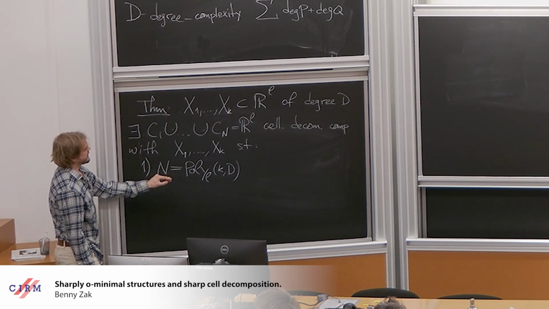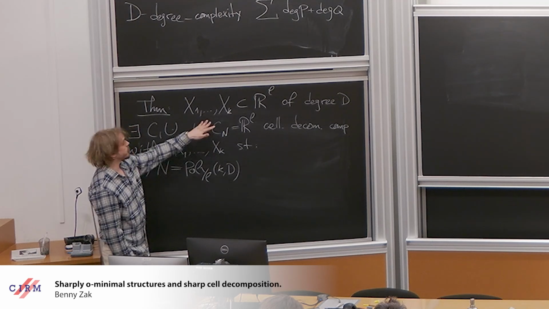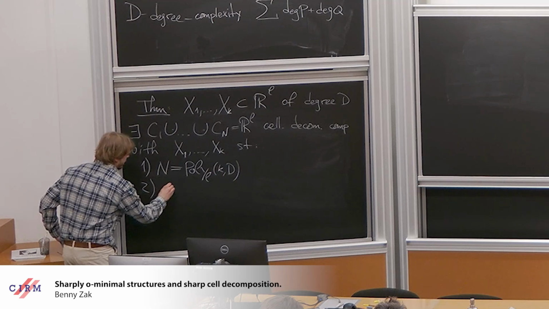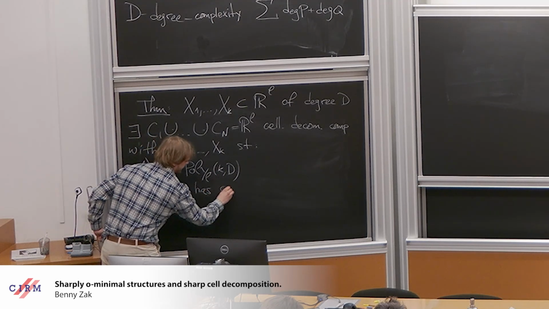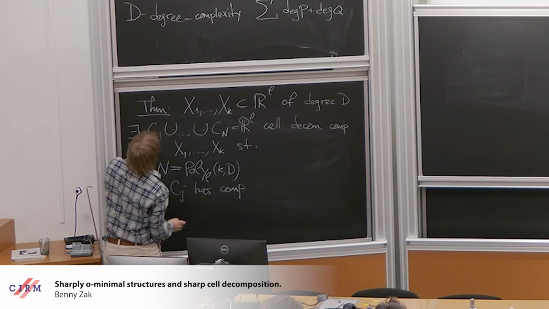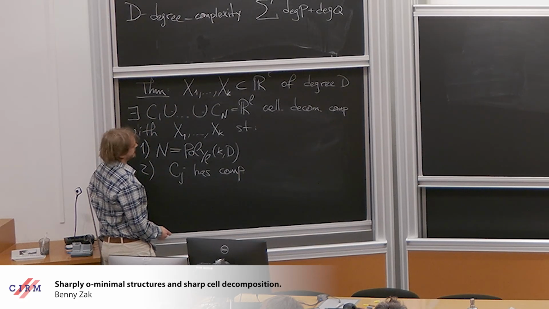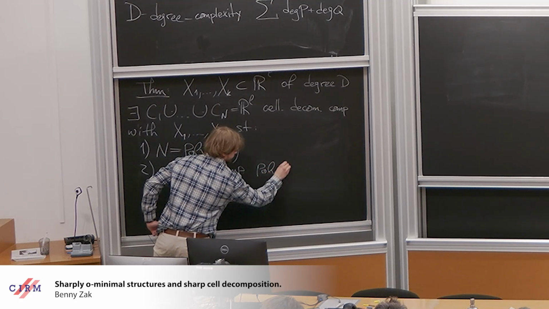So the number of cells is bounded by a polynomial in K and D, and does not depend on the particular sets themselves. And every cell has complexity polynomial in D.